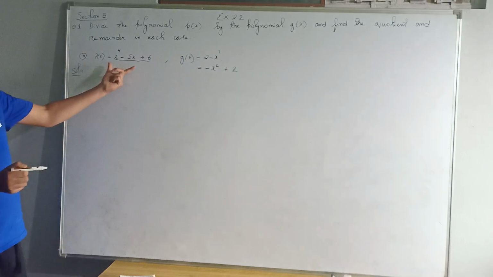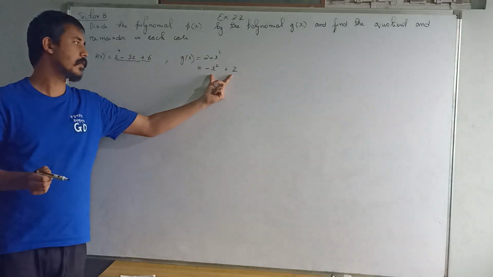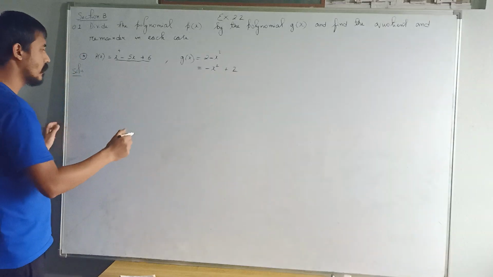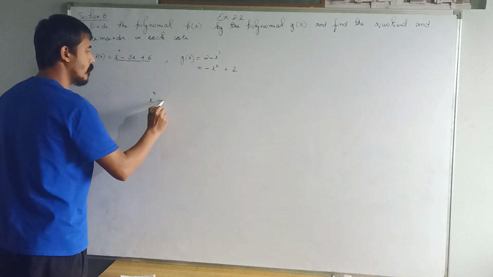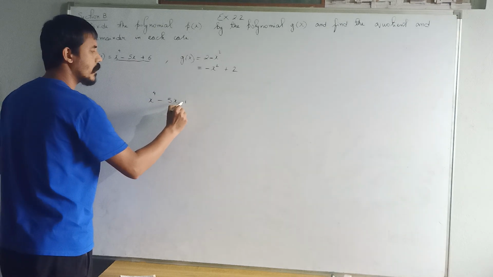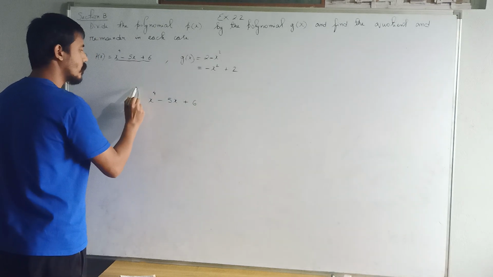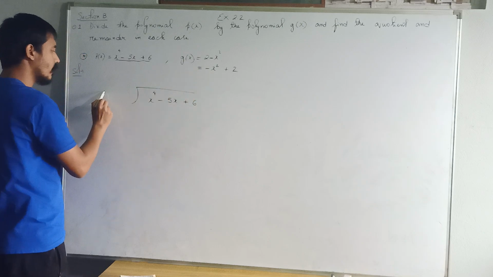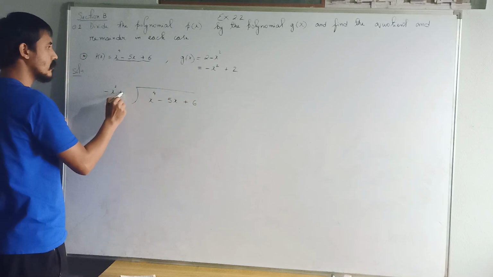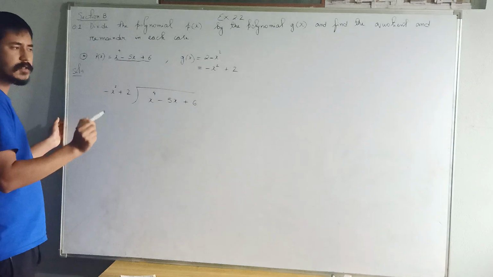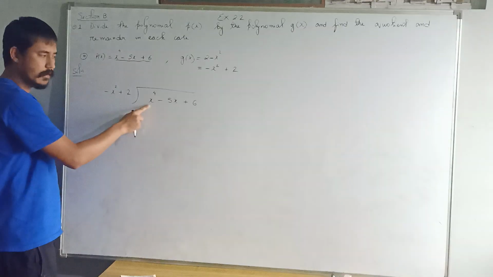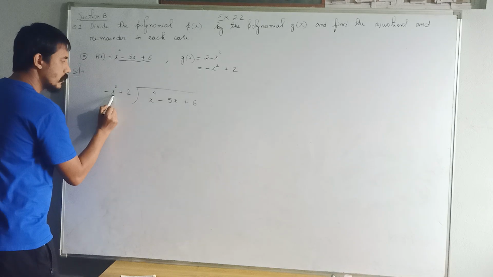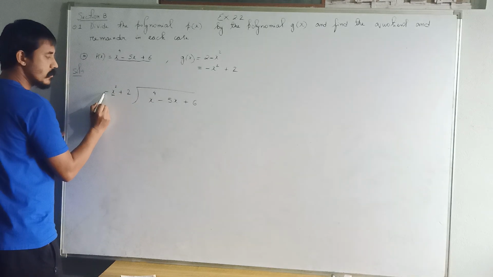So let's divide this px by this polynomial gx. Your px is x to the power 4 minus 5x plus 6, to be divided by minus x squared plus 2. No formula, just follow one rule: always make the first term equal. This is minus x squared, this term is minus x squared.